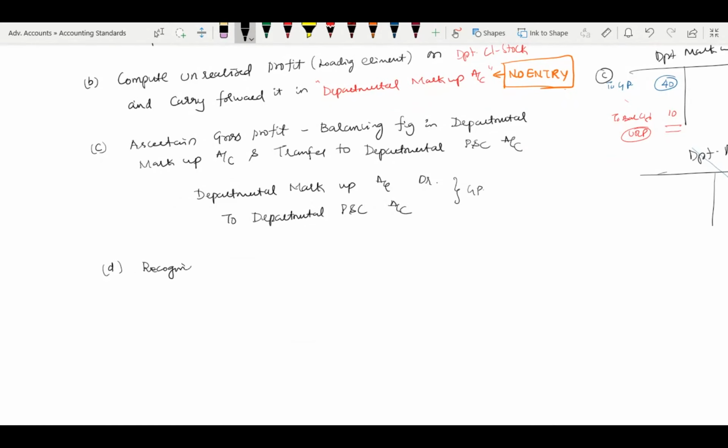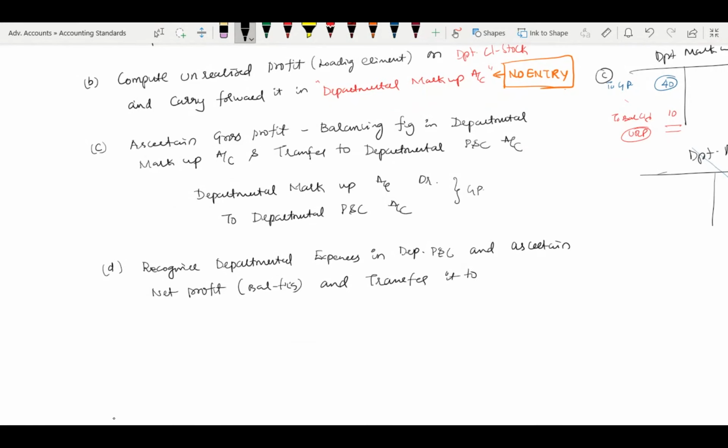Recognize departmental expenses in departmental P&L and ascertain net profit, which is the balancing figure, and transfer it to the general P&L account. That means from the departmental P&L it will go to the general P&L.